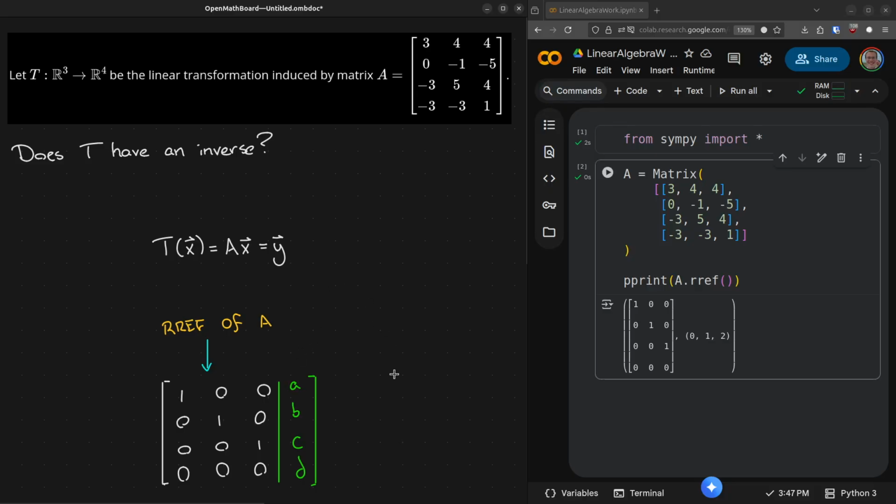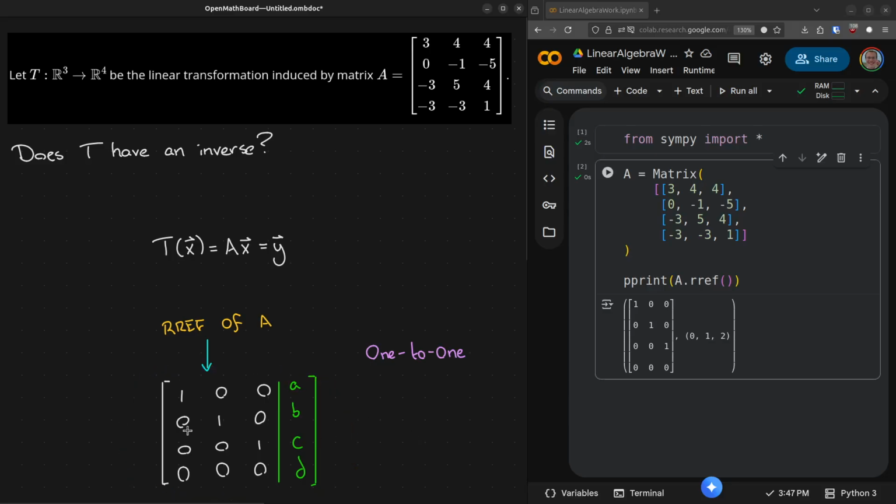So let's do 1-to-1 first. Is this 1-to-1? So 1-to-1 means that whenever this linear equation has a solution, there's only one solution, not infinitely many.